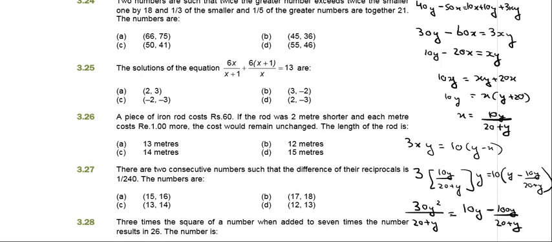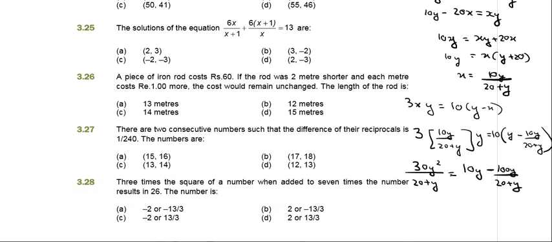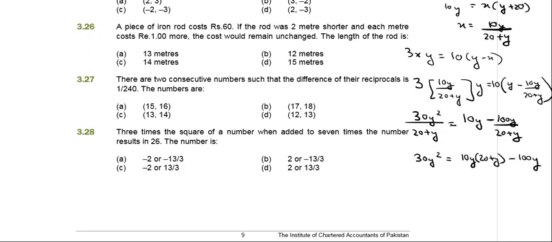Multiplying both sides by 20 plus y, we will have 30y square is equal to 10y multiplied by 20 plus y minus 100y. Expanding it, we will have 30y square is equal to 200y plus 10y square minus 100y.